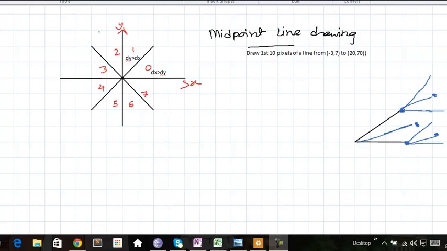Alright, so the first thing that you should know is that there are 8 zones in the midpoint line drawing. Think of the whole computer screen as an XY grid, where there are coordinates and you can draw lines. You can only draw lines and not curves for now. So there are 8 zones, numbered 0, 1, 2, 3, 4, 5, 6, 7.